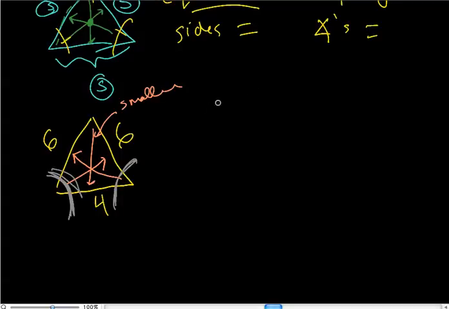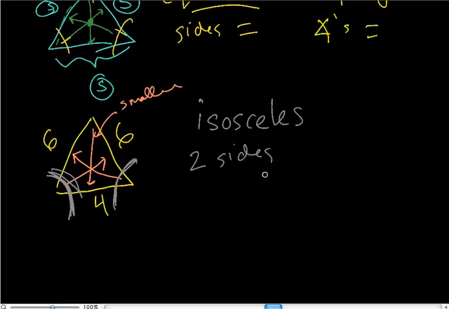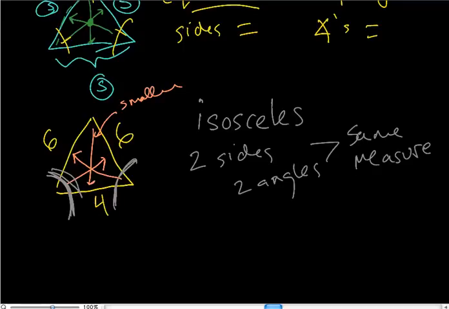So this is a special type of triangle called isosceles. You may have heard of it. Okay? And then there is one more type of triangle. So an isosceles triangle has two sides and two angles the same. Same measure, I'll put, because an angle, we wouldn't call it a length.